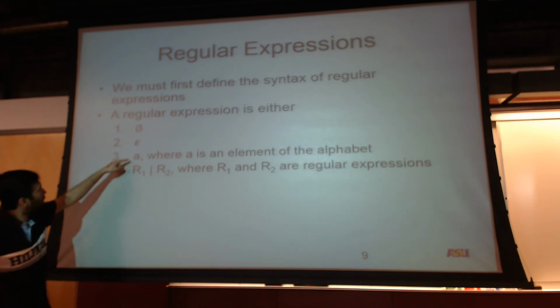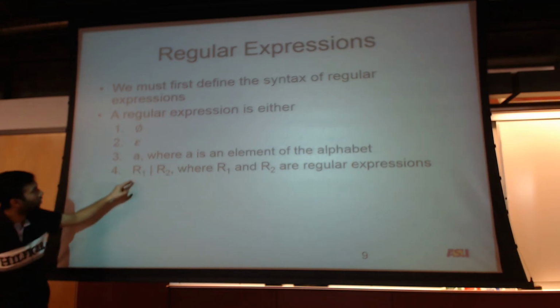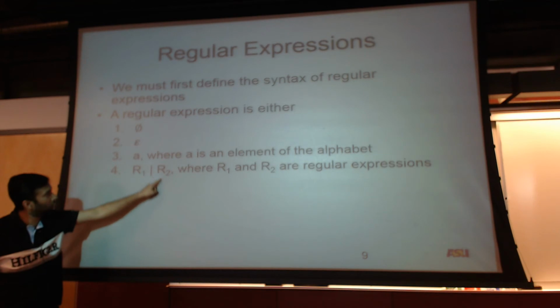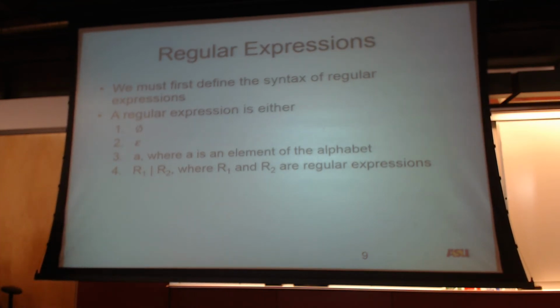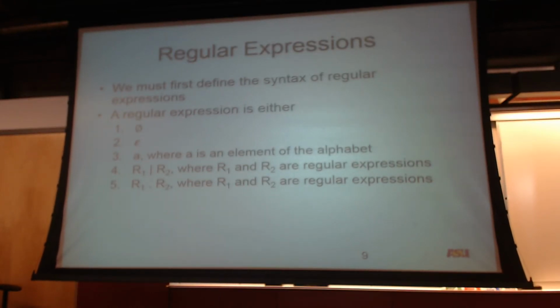So you choose any from here, put it in R1, put it in R2, then A bar B becomes a regular expression. That is one rule. The other rule is R1 dot R2. That is also another rule. What does it mean? I don't know as of yet. We will know a little bit later.